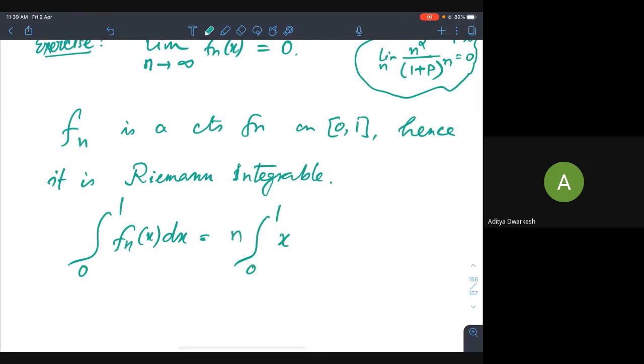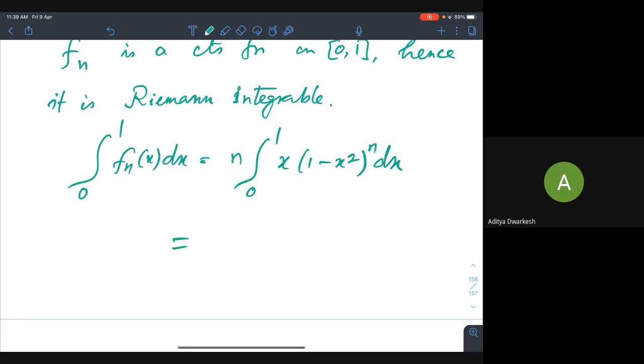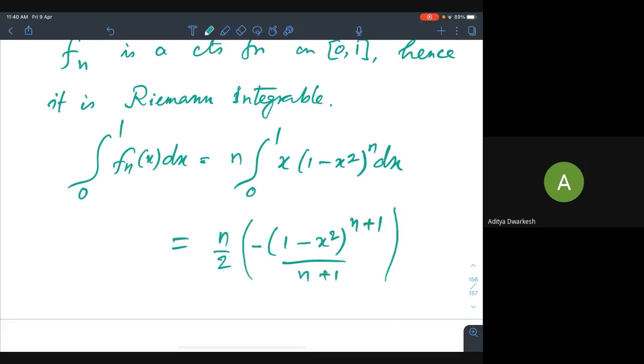it is x(1 minus x squared). Sometimes calculation is important. dx, which is nothing but n by 2, 1 minus, there is a minus, (1 minus x squared) to the power n plus 1 by n plus 1, restricted to 0 to 1.